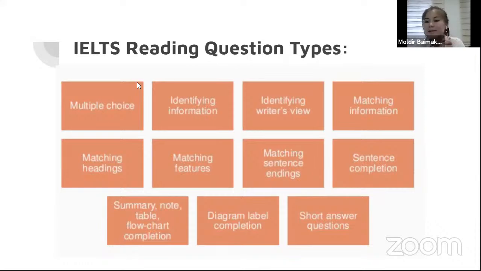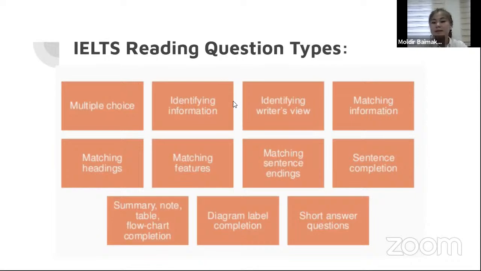Now, as we've covered in the previous reading classes, we know that we have to have certain strategies and we have to know what types of questions we will encounter during the IELTS exam. What we are going to do today is to practice several question types that we didn't do yet.